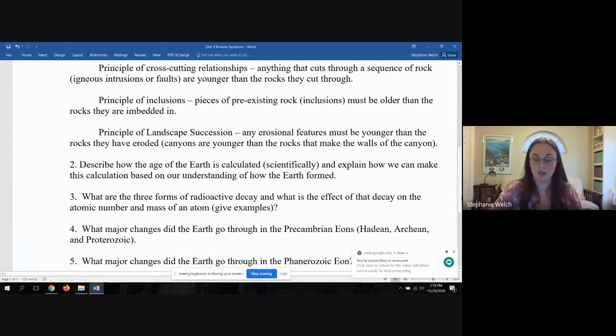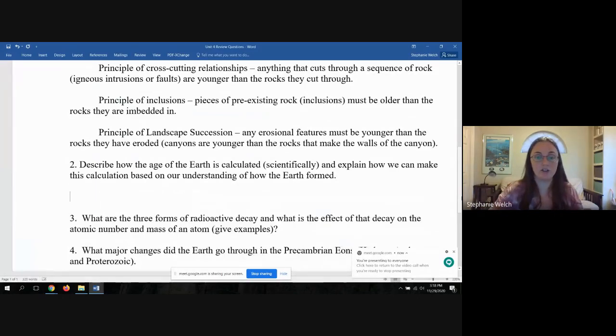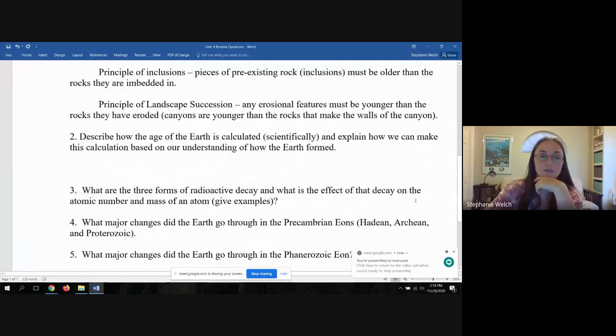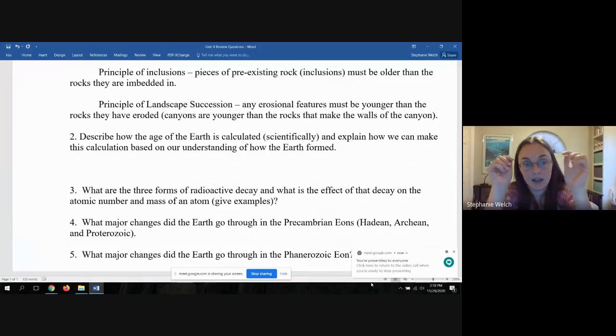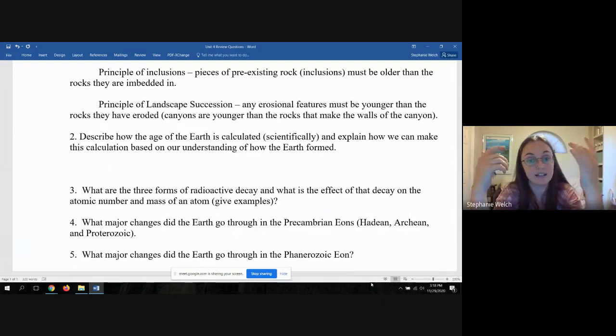So the first question is, describe how the age of the Earth is calculated scientifically and explain how we can make this calculation based on our understanding of how the Earth formed. Now, at the beginning of lecture 21, I went through several failed attempts to get at a scientific calculation of the age of the Earth, starting with a somewhat non-scientific calculation, the 6,000 year calculation that Archbishop James Ussher came up with in the 17th century.